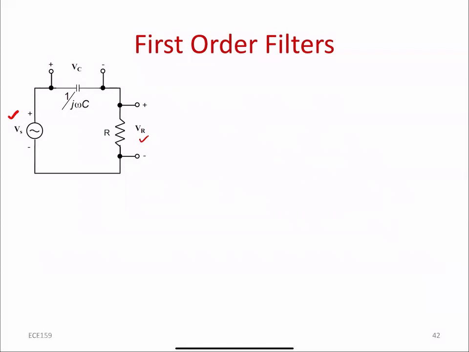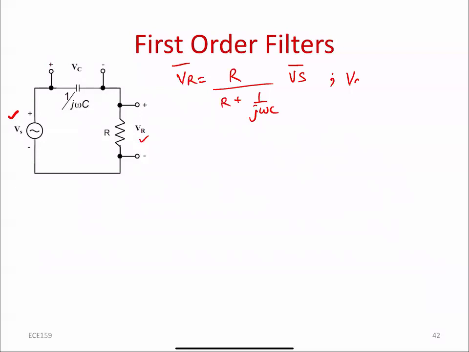We studied how we calculated the impedance in our previous lecture. What is the voltage Vr across this resistor? We can simply find this voltage using the voltage divider rule, R over R plus 1 over j omega c times Vs, let's talk in the phasor or complex domain.